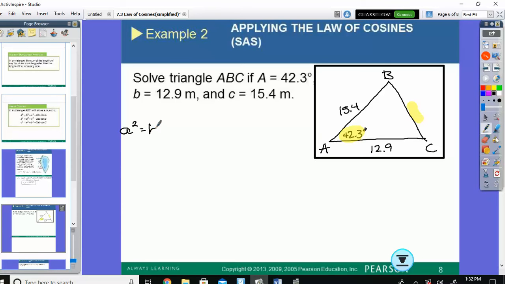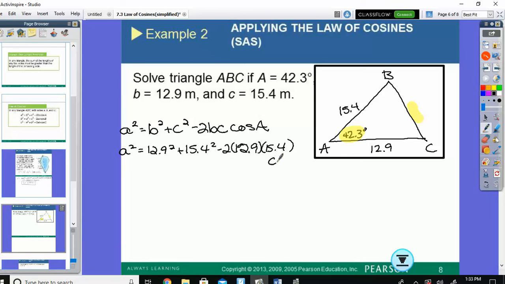So A squared equals B squared plus C squared minus 2BC cosine of angle A. So if we plug in our information, and what do I have to do to that to get A by itself?